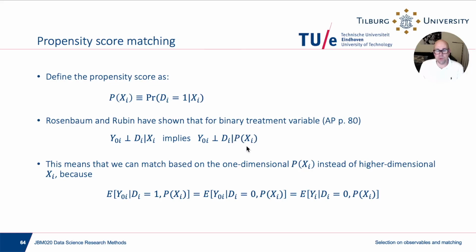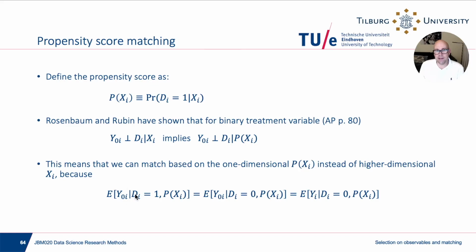This is what propensity score matching relies on. Basically, you don't need to look at all the fine details in all the x's. All that matters is differences between groups in the likelihood of being treated.